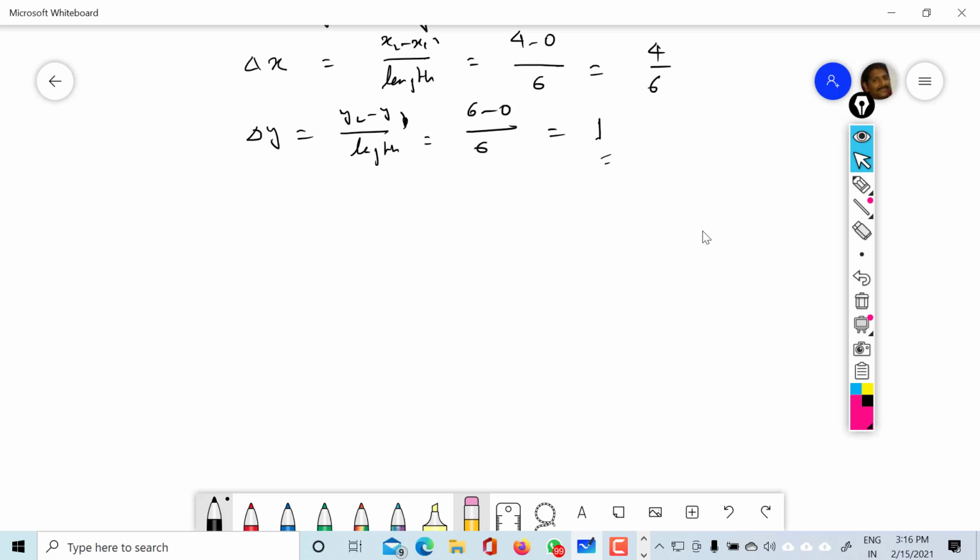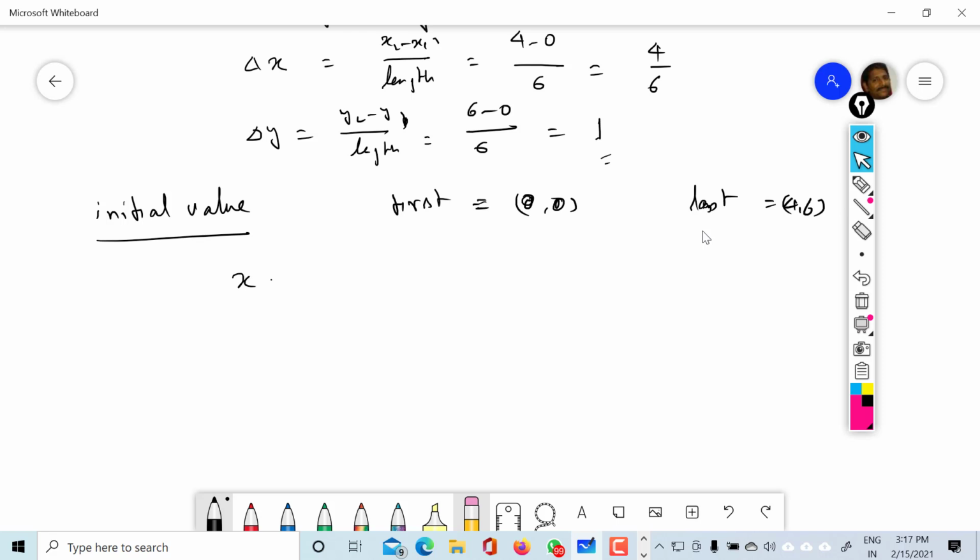So what will be the initial value? We are given the first point as 0 0, and the last point, remember, was 4 6. These 2 points are given in the question itself. So from the first point you have to start your calculations.